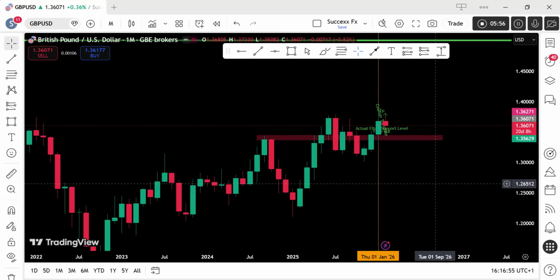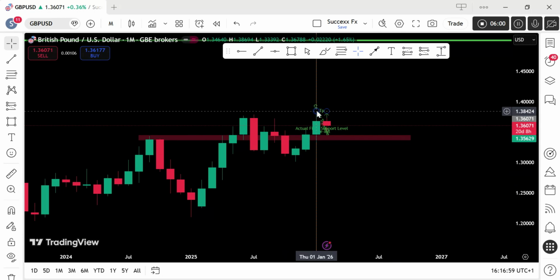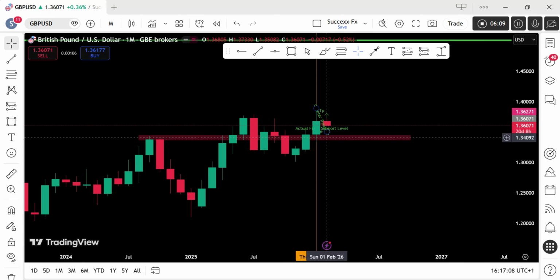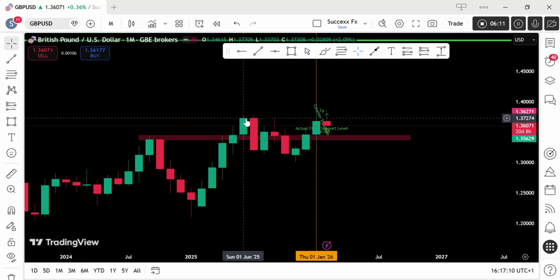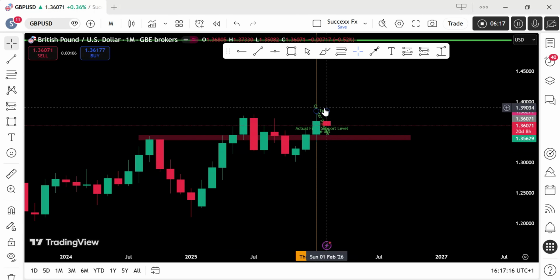So from the monthly time frame, it is safe to say that GBPUSD is on a bullish move. What this simply means is that the British pound is gaining power over the US dollar. So from what we've been able to gather here on the monthly time frame, it is safe for us to say that GBPUSD is going up.